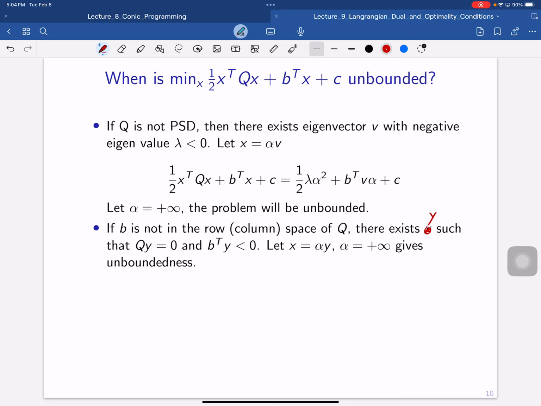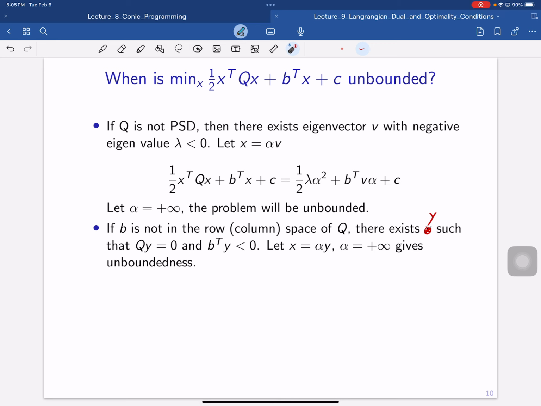Usually a vector can be decomposed into a vector in the row space and a vector in the null space. So if B is not entirely in the row space of matrix Q, it must have a component in the null space of Q. That is saying there must exist a vector Y such that Y is in the null space of Q and Y has a non-zero product with B. Without loss of generality, we assume this product is strictly less than 0.